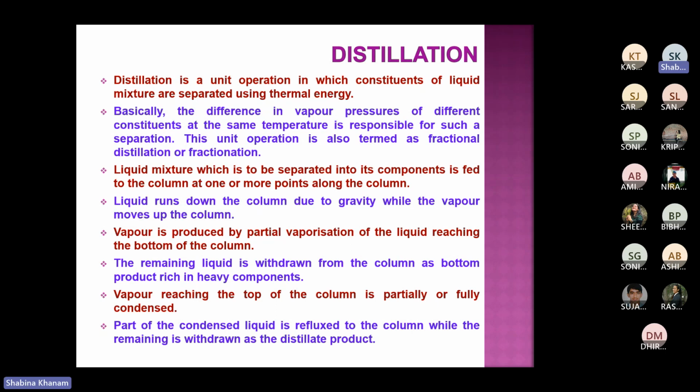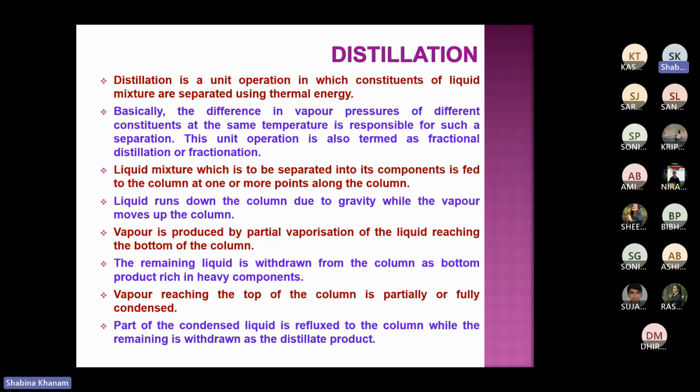The vapor from the top enters into the condenser, and that converts into liquid partially or fully, but one part of that liquid is returned back to the distillation column, and that we call reflux. While the remaining is withdrawn as the distillate product. So in this way you can consider the liquid stream which is available in the distillation column.